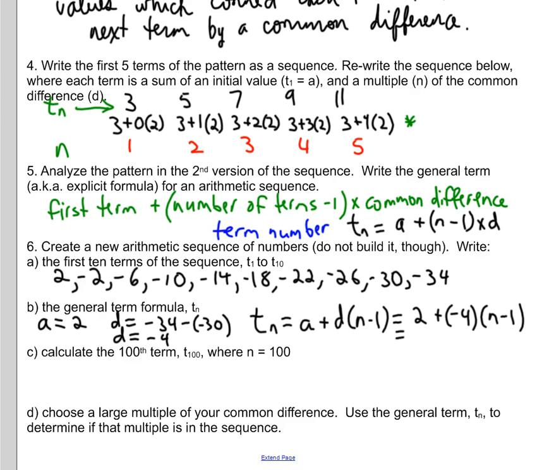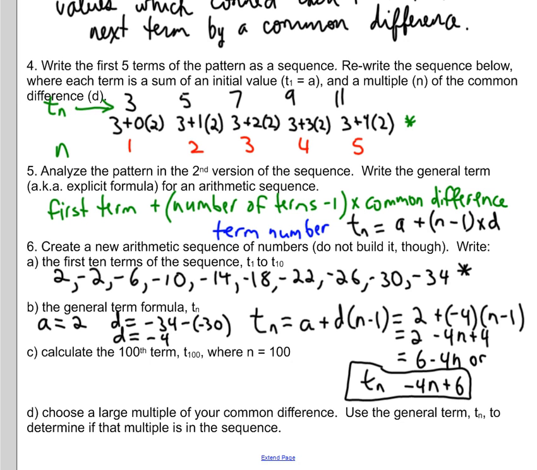So if we simplify this, we're going to get 2 subtract 4n plus 4, which would, by combining like terms, give us 6 subtract 4n, or negative 4n plus 6, depending on what you prefer. So that's our general term for that sequence right here.